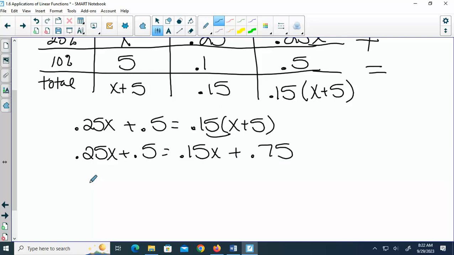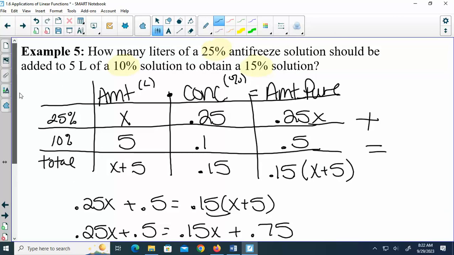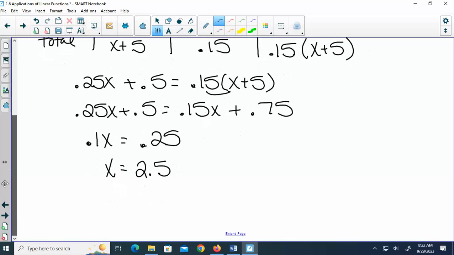Subtract over the 0.15. Subtract over the 0.5. So we get x equals 2.5. So the question was how many liters of a 25% solution, and that's what x represented.